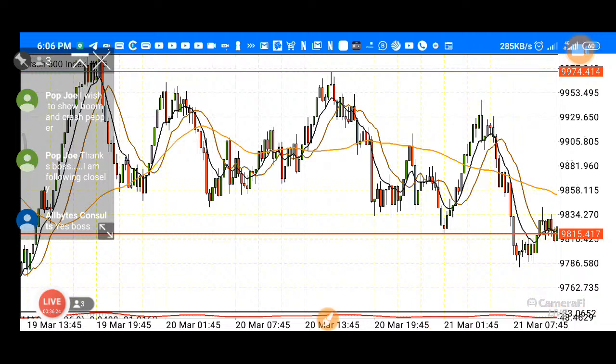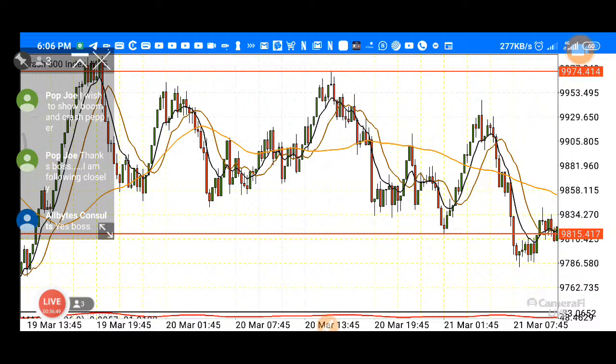Okay, so now see what happened here. This price broke this level over here. Do you see? It broke this level. So if you've sold immediately, this price broke this level, maybe, you know, there will be a spike.